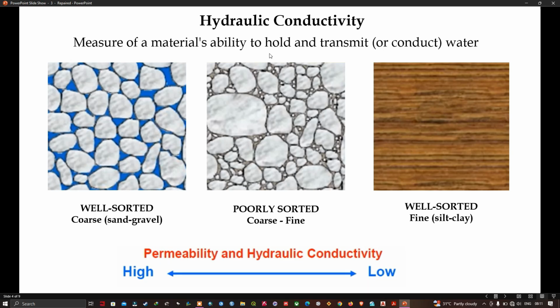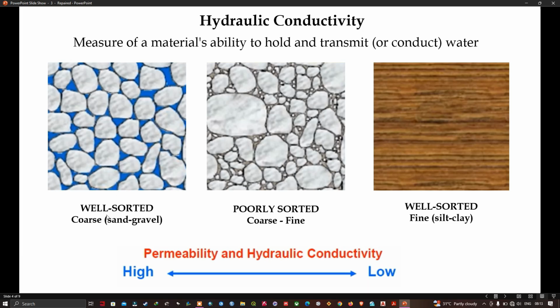As we said before, of course the gravel has the highest permeability, so it has the highest hydraulic conductivity. For example, here it is a well sorted coarse sand gravel, so both permeability and hydraulic conductivity are very high for this material.